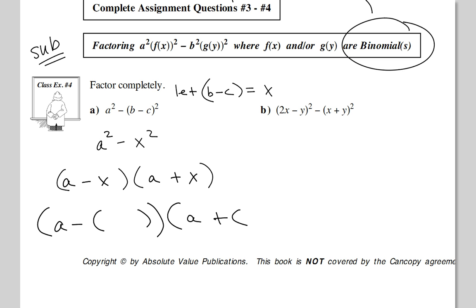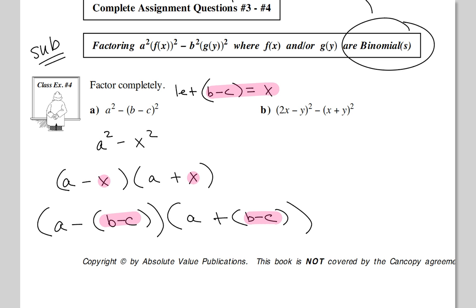And notice what I do there with the substitution. Whenever I have to substitute, I'm just going to use a bracket and then think about what goes in there. What goes in there is a b minus c. I'll highlight that for you so you can see it. And then further simplification always.